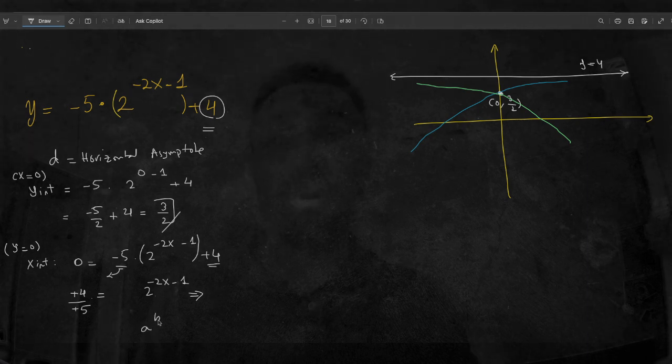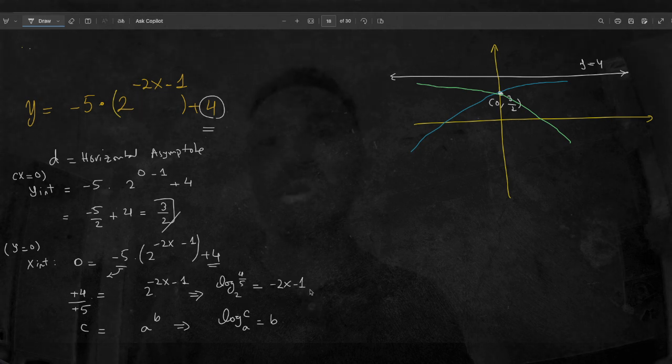So we can write it in the form of a logarithm. We know that a to the power of b equals c, in the form of a logarithm, is log of c with base a equals b. So it means that minus 2x minus 1 equals log of 4 over 5 with base 2.